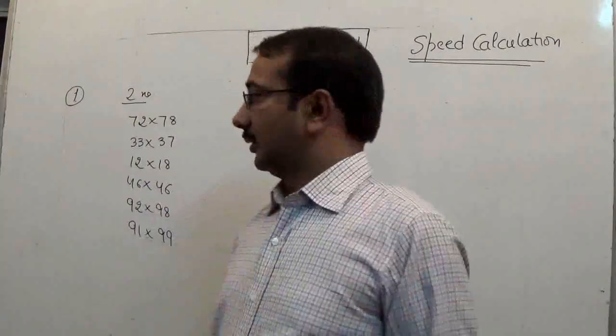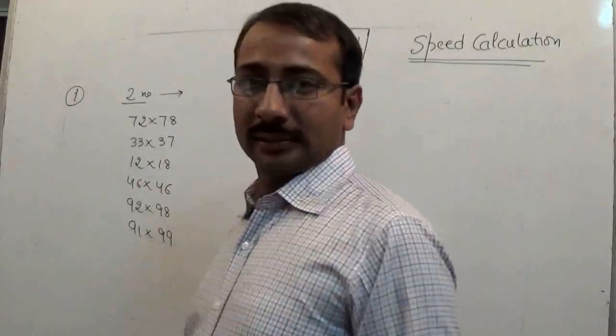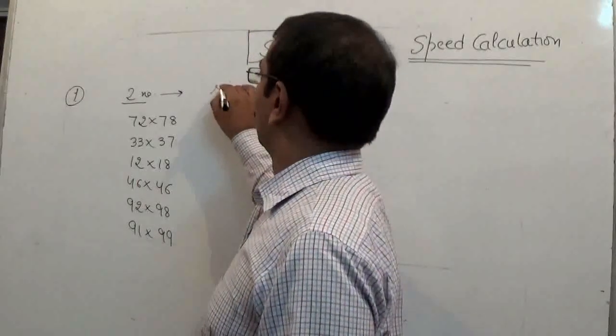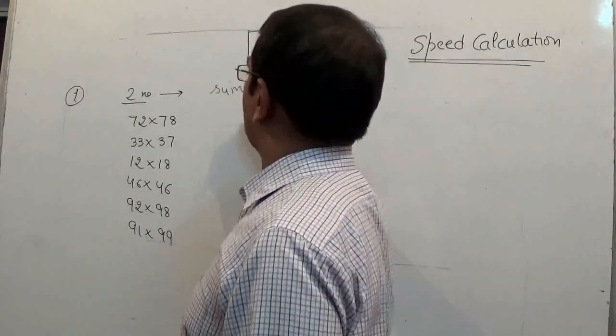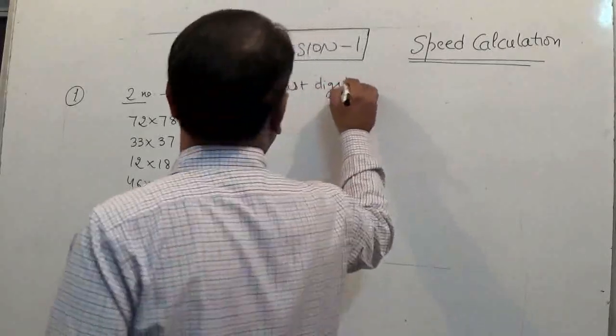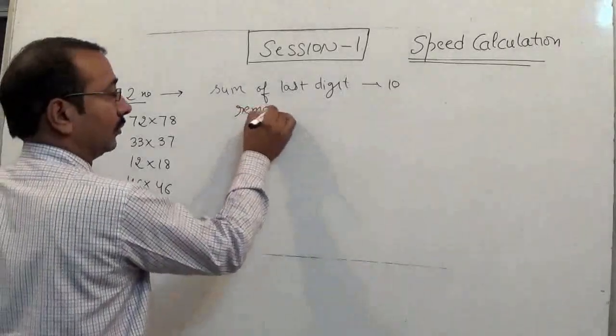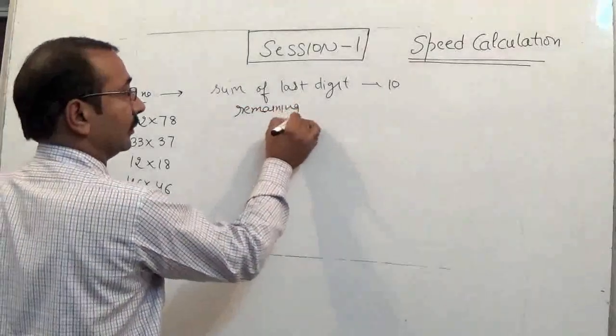The first type deals with multiplication of two numbers where the sum of last digits is equal to 10 and the remaining part of the number is the same.